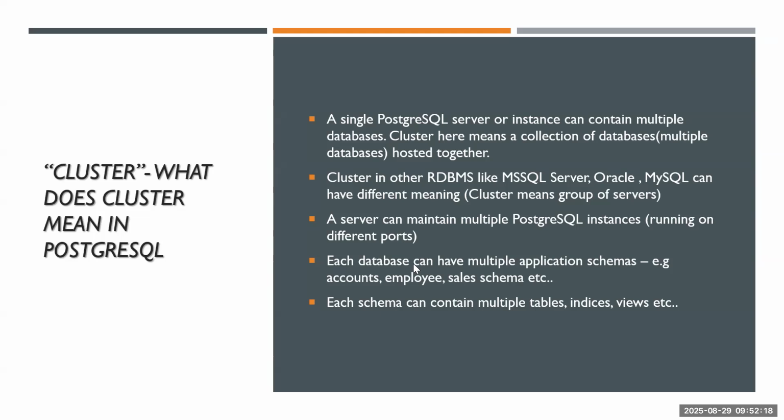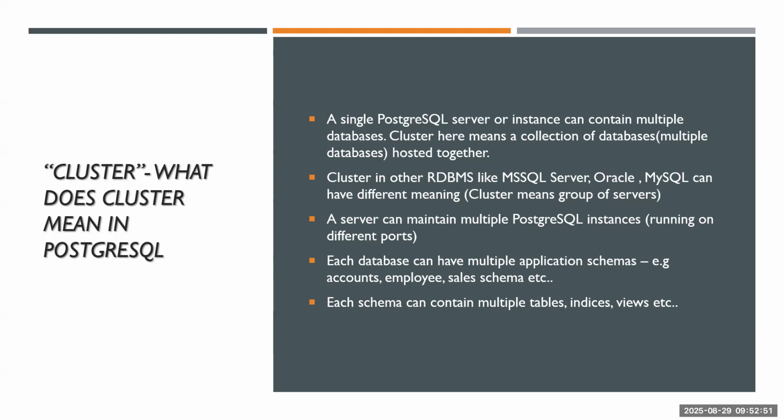Each database can have multiple application schemas like tables, views, stored procedures, functions. A database is a database. In any database management system, whether Postgres, SQL Server, Mongo or Oracle, you create tables, views, stored procedures, functions, triggers, materialized views, sequences, and cursors.